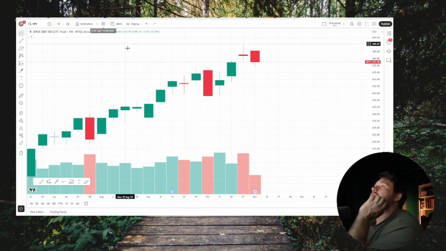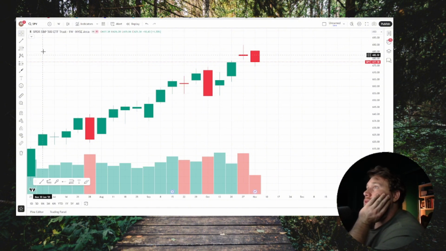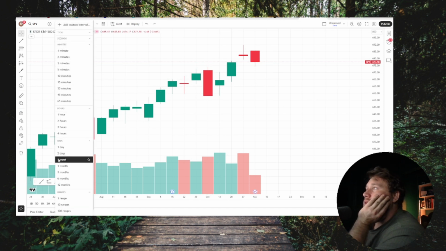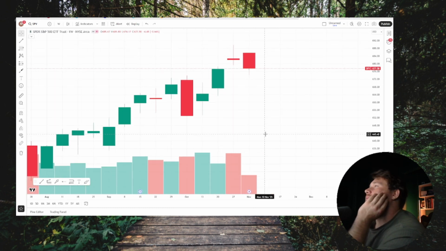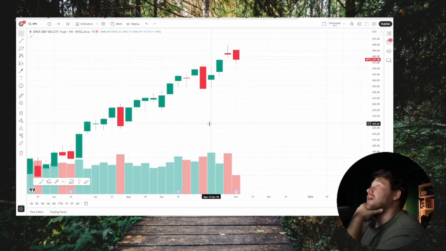We'll go back over to SPY and see if we can find anything else that looks appealing. Okay. Actually, this is a great example here of just an inside candle.